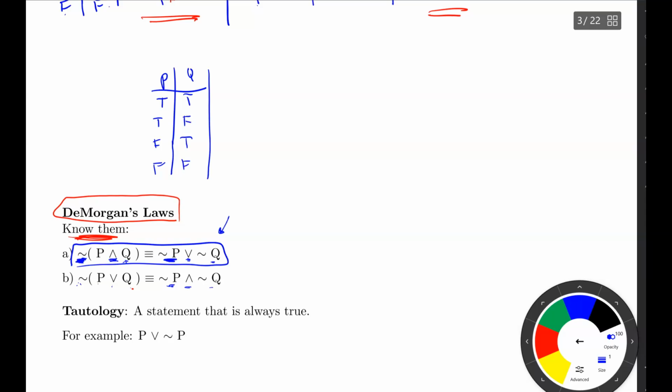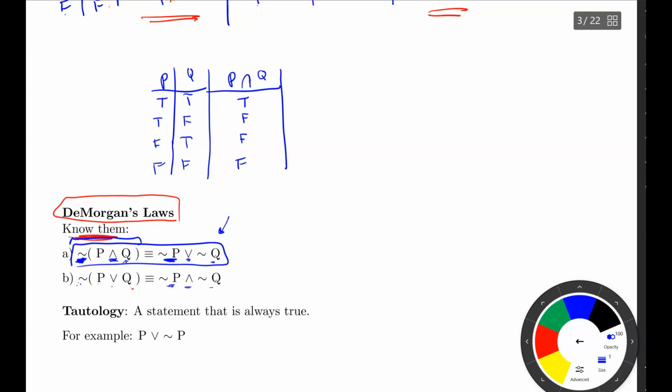Then to start making this left-hand side, I would make a P and Q column. So true and true is true, true and false is false, false and true is false, and false and false is false.